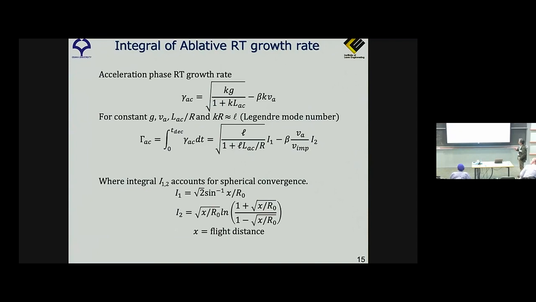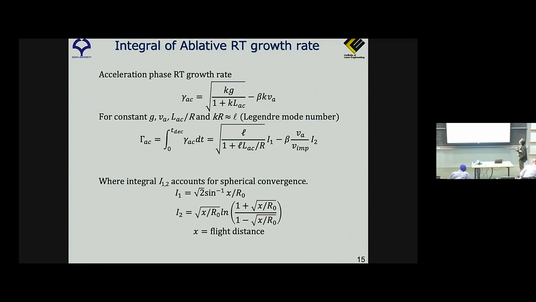And very fortunately, the growth rate can be analytically integrated to a simple form, root L and beta Va, ablation velocity divided by implosion velocity, a very simple form.